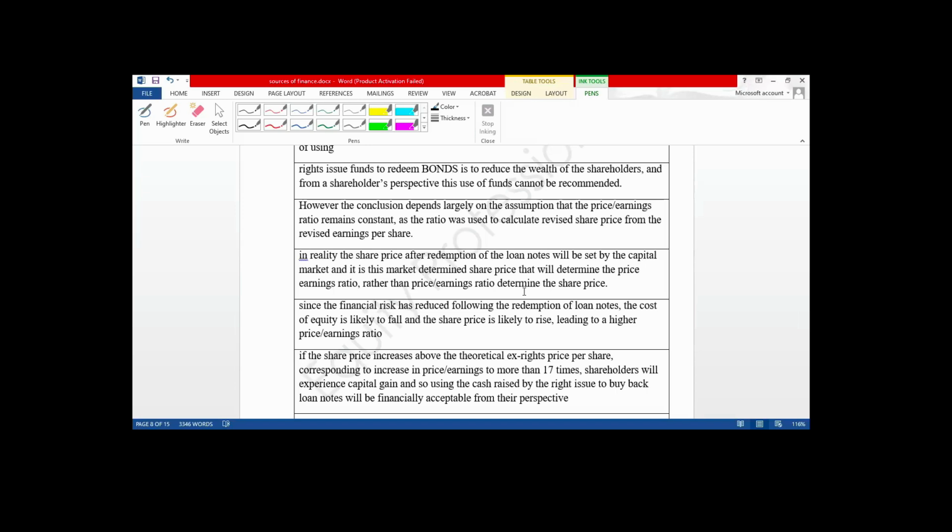That means our computation is based on the assumption that price earning ratio will not change. In reality, it will change, because we use the market price per share to calculate price earning ratio, not the revised share price.